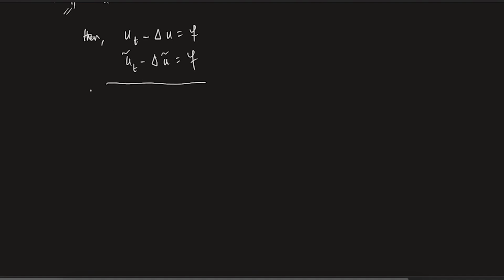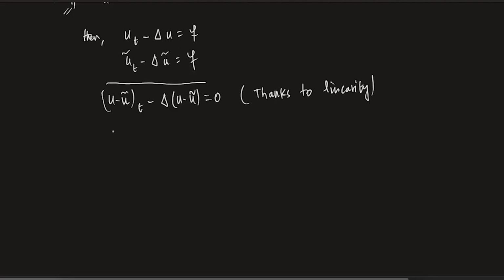If you subtract, u minus u tilde with respect to t minus Laplacian of u minus u tilde equals 0. This is thanks to linearity. All of this is possible because these equations are linear.